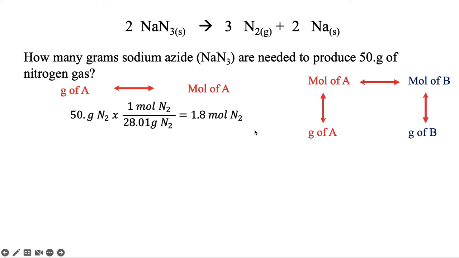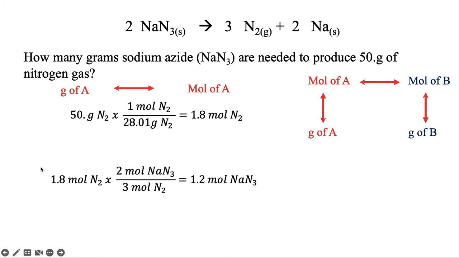So I start, once again, I have another equation here, but I start with the amount that I'm given, or I calculated, which is 1.8 moles of nitrogen. And now I can go up here. Remember, when I'm going from moles of one compound to moles of another, moles of A to moles of B, I have to use the balanced chemical equation.